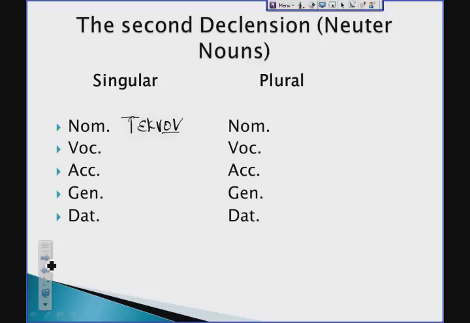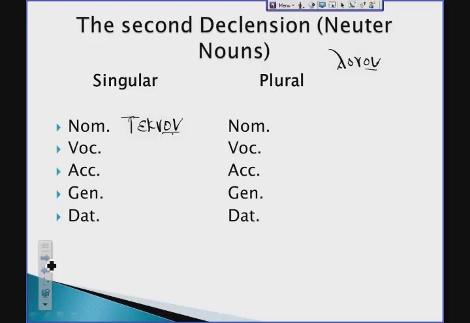If you remember your logon, it has the on ending also. Okay? But that is not a neuter. You must know the dictionary forms. Logos is a masculine. But then that logon tells you that I am a direct object. But if it is a neuter noun, its dictionary form has an on ending. And it's not a direct object, it's nominative.